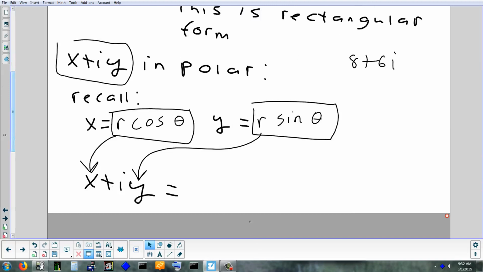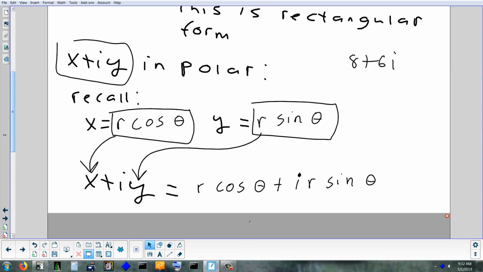I'm using the polar formulas from Monday. So now we're changing from rectangular to polar. x becomes r cosine theta plus, the i just hangs out right there. Nothing happens to it. But the y gets replaced with r sine theta.